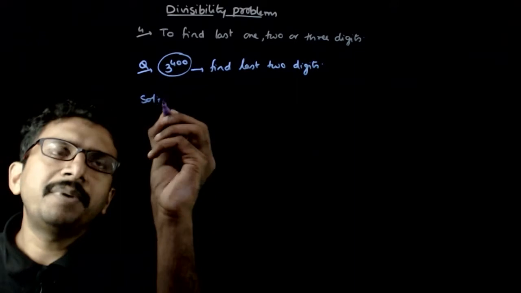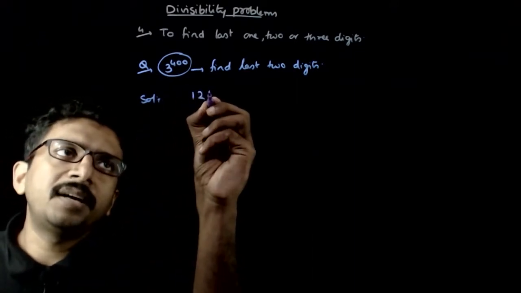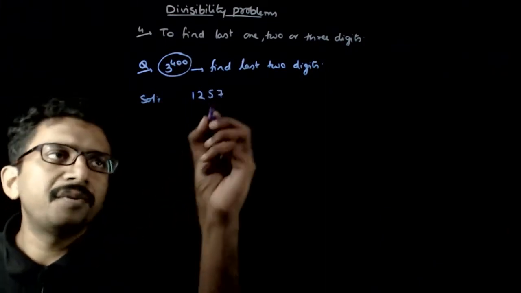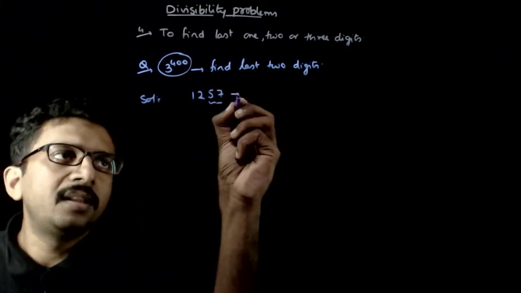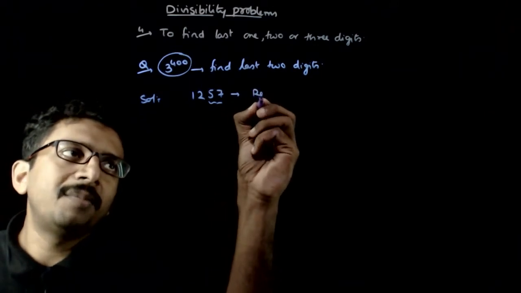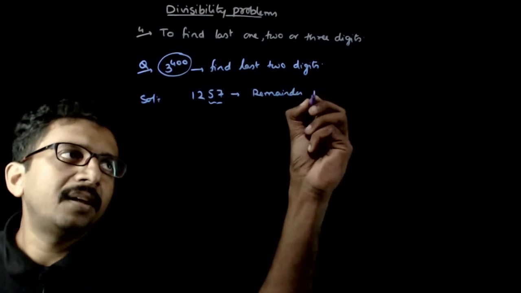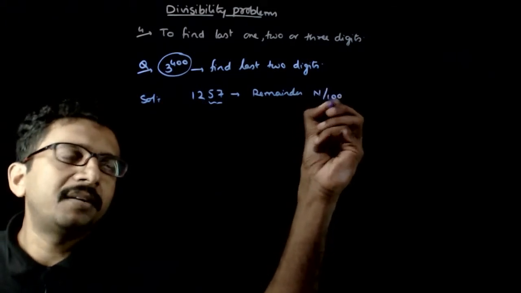The theory is simple. If you have any number, assume that you have the number 1257. If you want the last 2 digits of any number, it is nothing but the remainder when the number n is divided by 100.